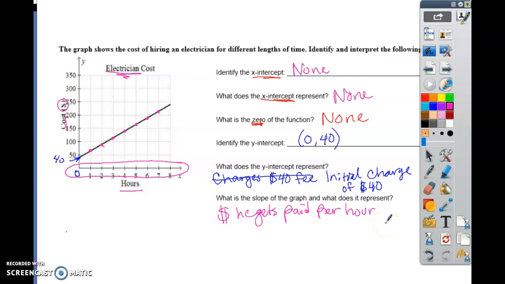Okay, and we don't know that right now, but that's what it means. When it's going up like this, every hour he's getting more money, so he's getting paid more the more hours he works, right?